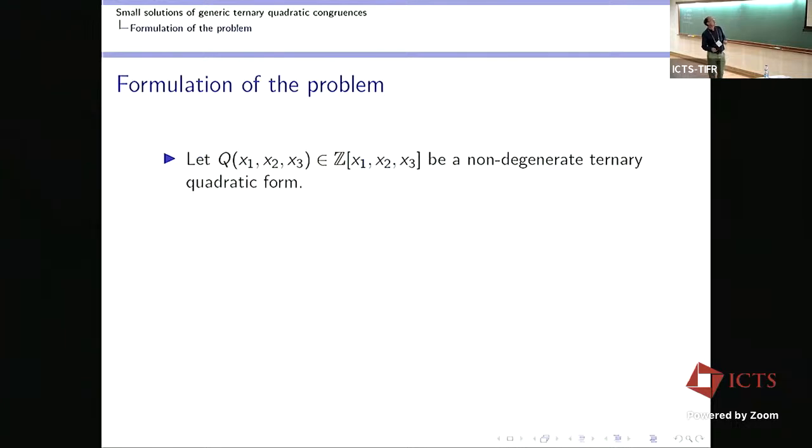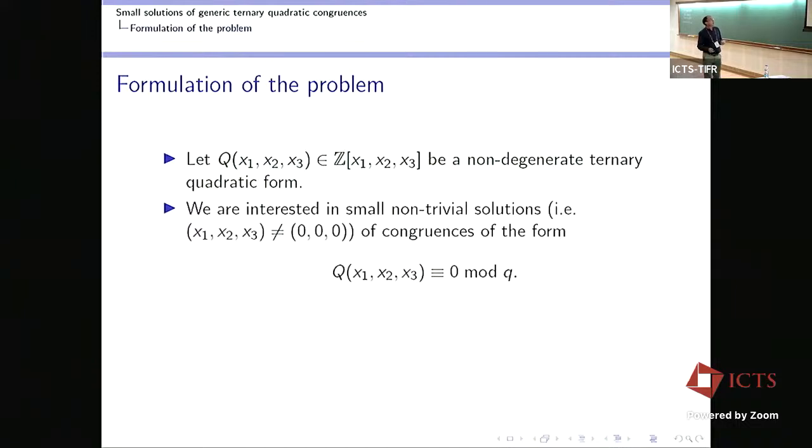The situation is the following: let Q(x1, x2, x3) be a ternary quadratic form. We are interested in the distribution of solutions of a congruence of the form Q(x1, x2, x3) ≡ 0 mod q. Of course, one can also consider the inhomogeneous case, which is more difficult.